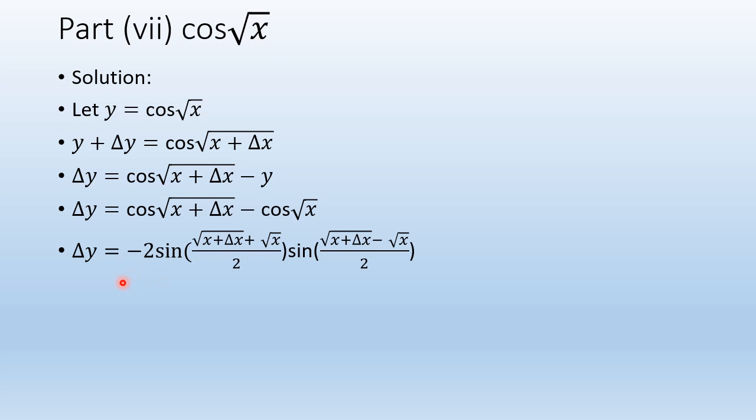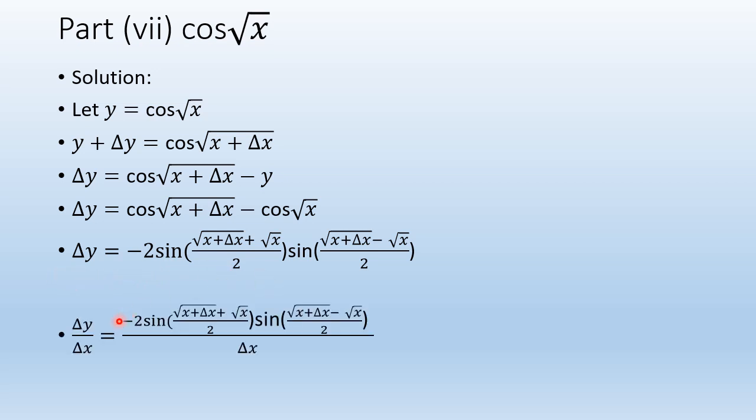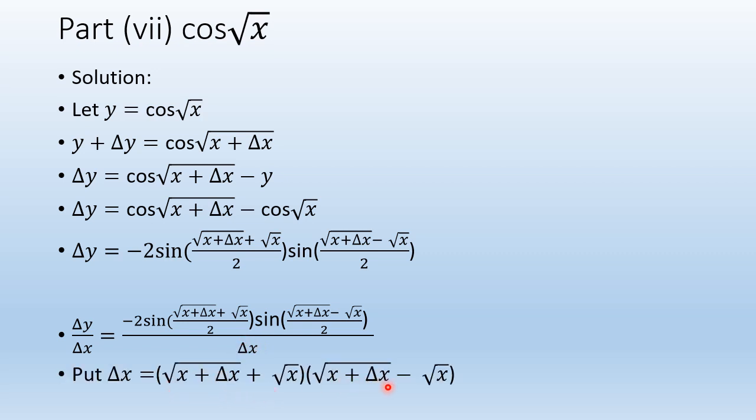So we are going for our next step, which is dividing both the sides by del x. So we divided both the sides by del x. And now what we are going to do here? We are going to write this del x equal to this expression. How are you going to learn it? Just write these two here, under root x plus del x plus under root x, and under root x plus del x minus under root x, and see if you multiply these two, what you are going to get.